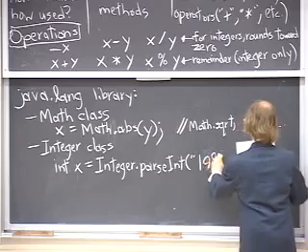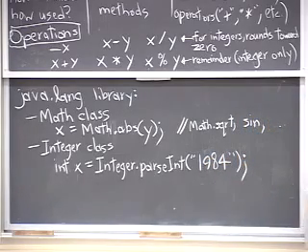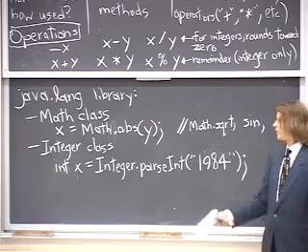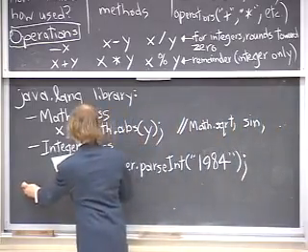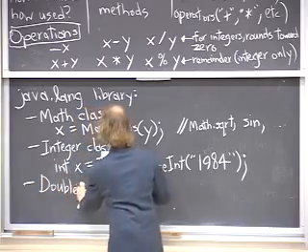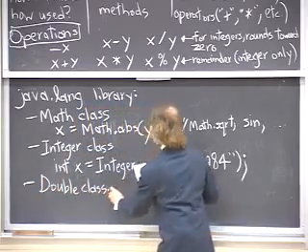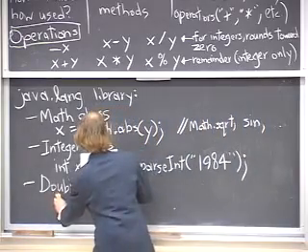So if you ever, say, read a string from the keyboard, and you want to convert it from a decimal string to an actual number that you can do math on, this is how you do it. And there's a Double class, which has a similar function called parseDouble.